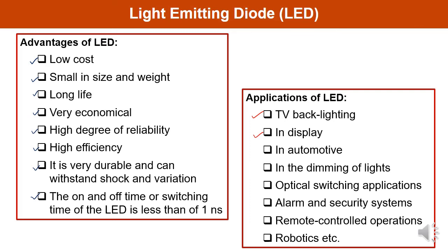LEDs are also used in signal displays, in automotive, in dimming of lights, in optical switching applications, and in alarm and security systems. LEDs can be used in remote controlled operations and in robotics. LEDs can be used as light sources, like in smoke detectors, tachometers, or proximity detectors. So it has wide applications and can be used in a number of places.